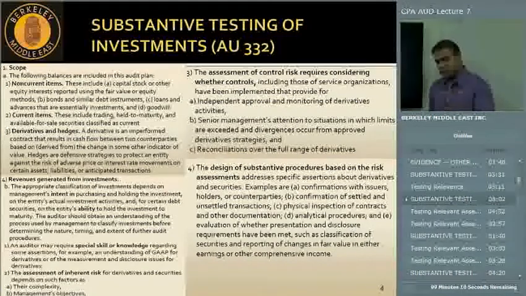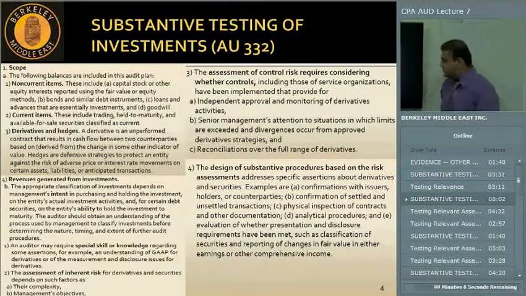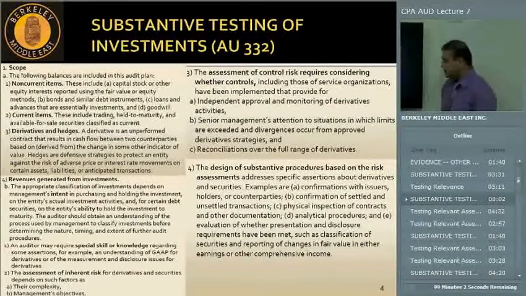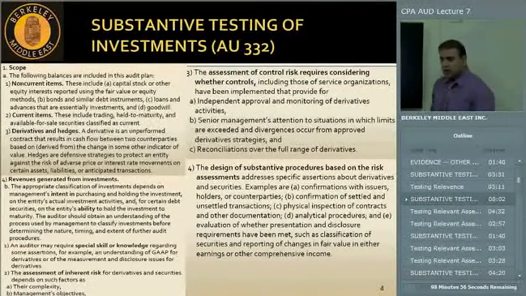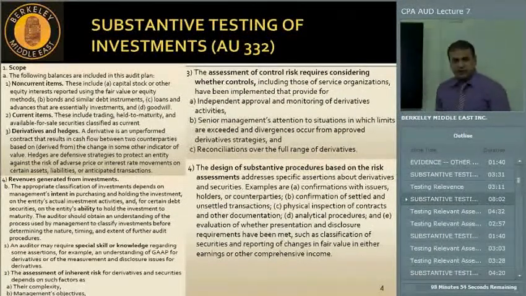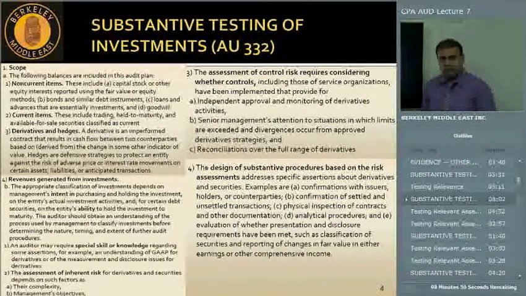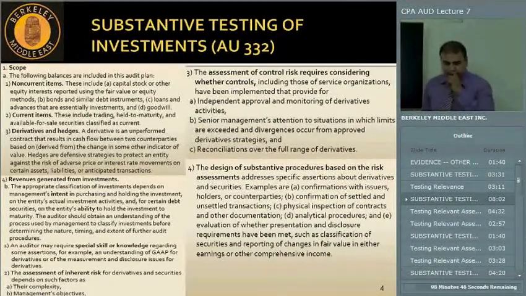For non-current, we have long-term investments. A derivative is an unperformed contract that results in cash flow between two counterparties, derived from changes in some other indicator of value. Now, do you want me to explain derivatives at this point, or as we have discussed in BEC, are you clear about it? Anyway, let me revise it for you.